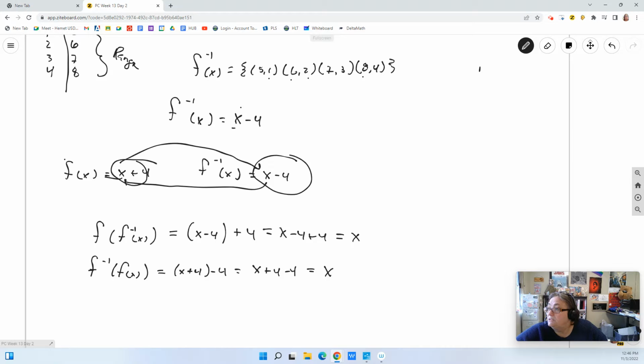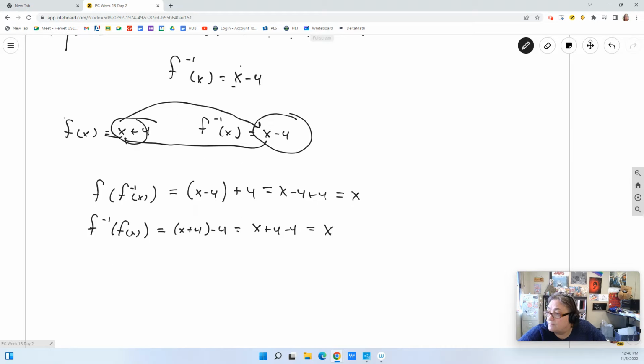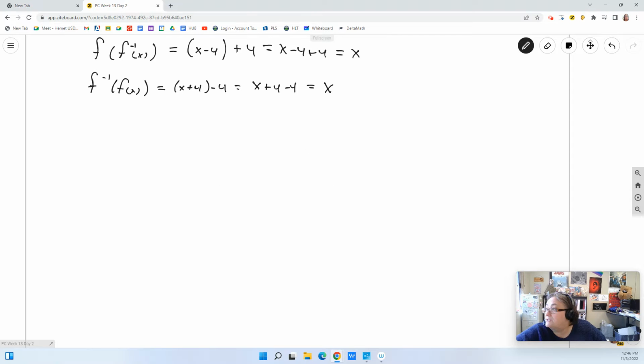So, for example, I feel like this is super wordy. So much of what happens in pre-calculus is more wordy than anything.